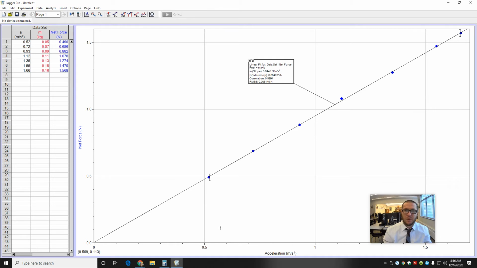So the experimental equation here, we have F net equals 0.94 newtons per meter per second squared times A, where the slope of the line is 0.94. So there's your experimental equation. I've got to cover my face to be able to see this. All right, there's your experimental equation.